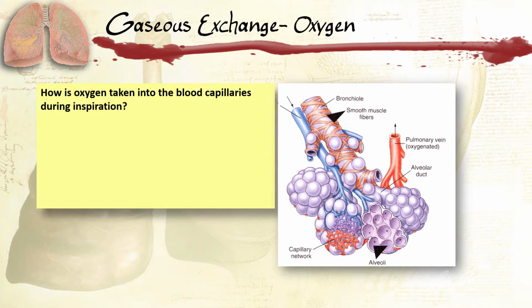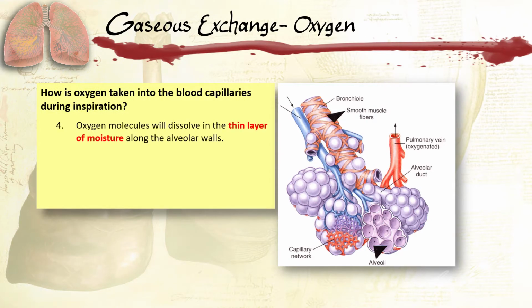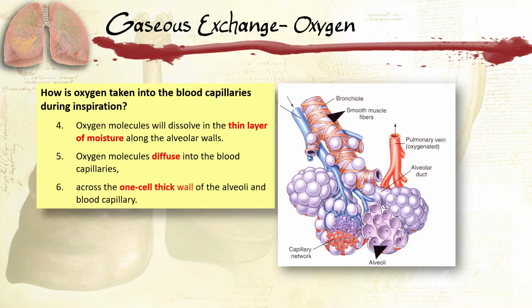What is important is the following. Oxygen molecules will dissolve in the thin layer of mucosa along the alveoli wall. After the oxygen molecules are dissolved, they will diffuse into the blood capillary. So remember, only when the oxygen molecules are in the aqueous or dissolved state can they diffuse into the wall and finally into the blood.